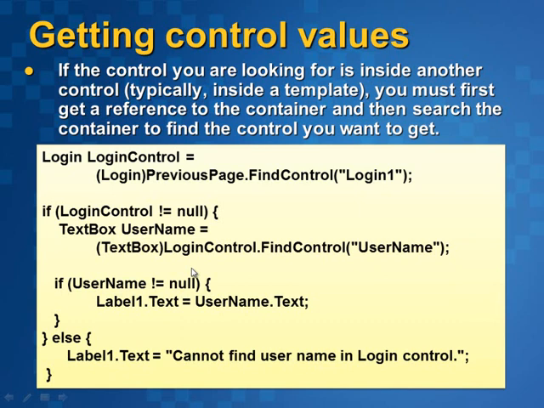Suppose you want to search for the username and password which are inside that login control. Then first you have to find that login control, get that control, and if that control is there, find again inside that control. So get the main control, then go inside it and find the sub-control.